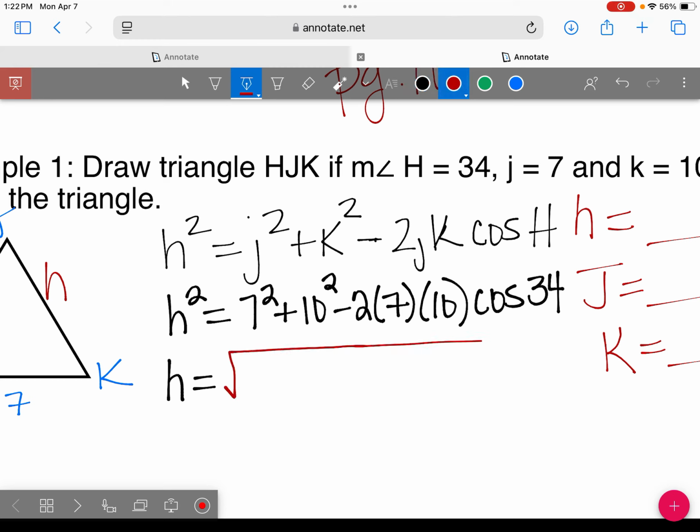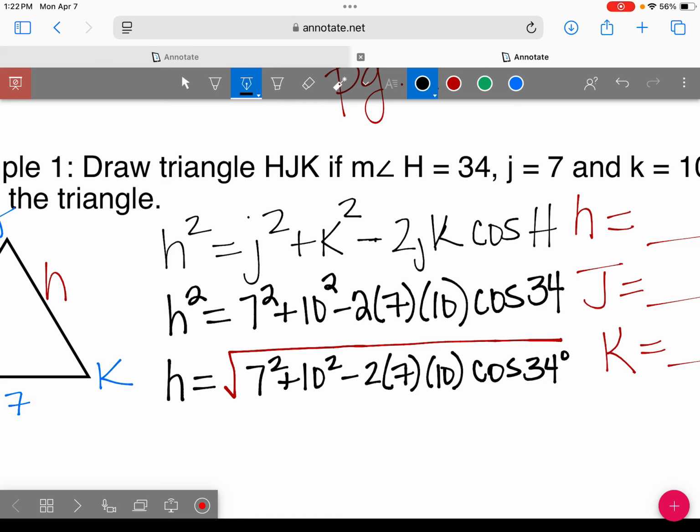If I were you, I would just type this whole thing in under a square root. And that's going to tell you what little h is. Now we're going to round everything to the thousandths place. So I need 3 numbers, not just one. So type that in your calculator under a square root, and that way you can get the answer in one step.